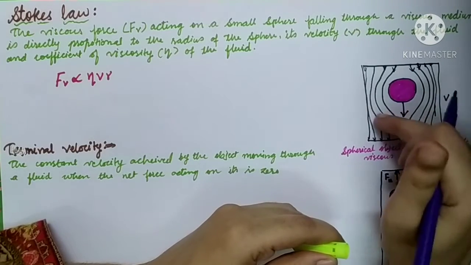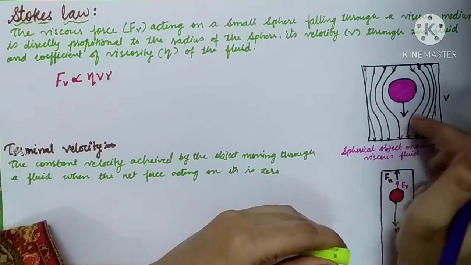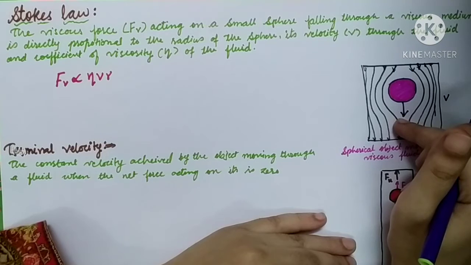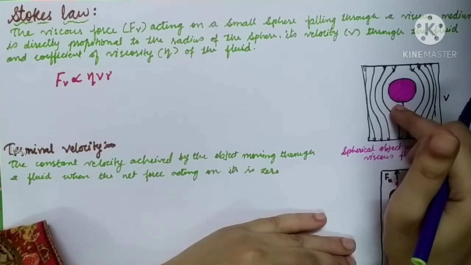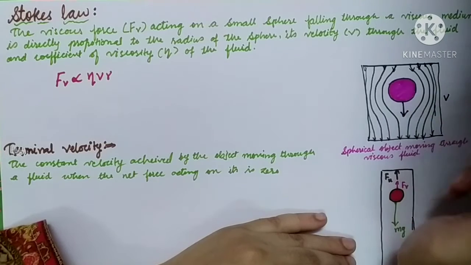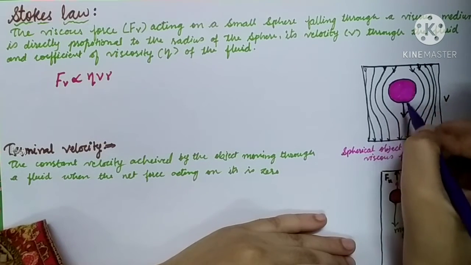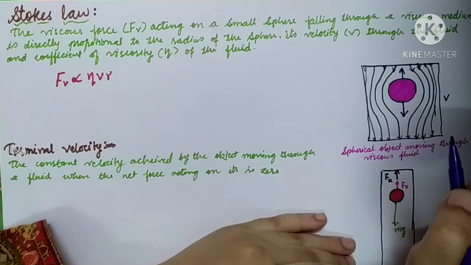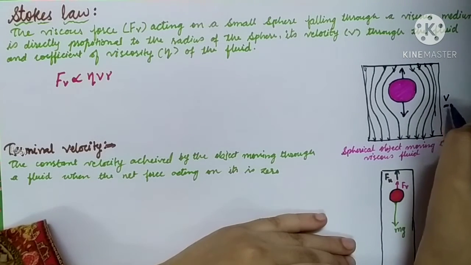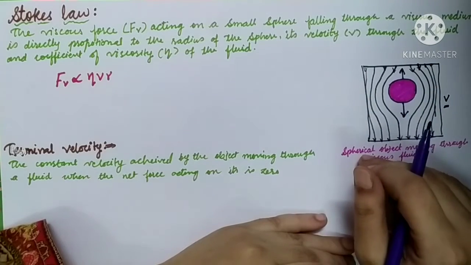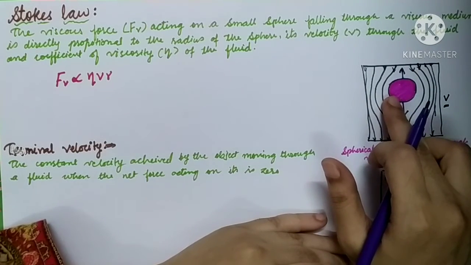The layers of the viscous liquid oppose the motion, so the sphere experiences a viscous or dragging force, directed opposite to the direction of velocity, because the effect of this force is to oppose the motion of the sphere.